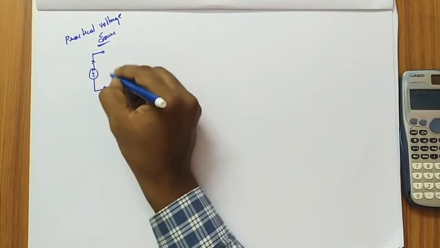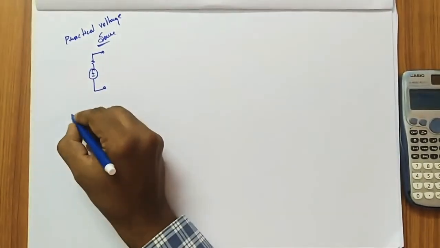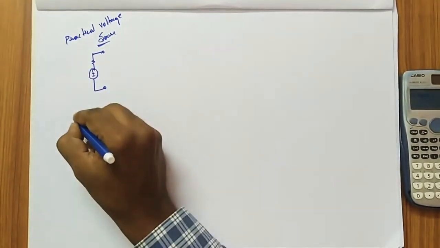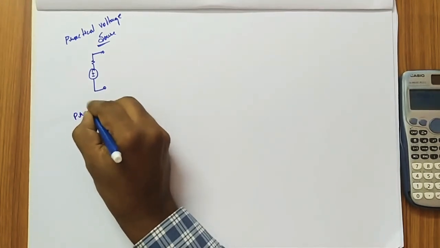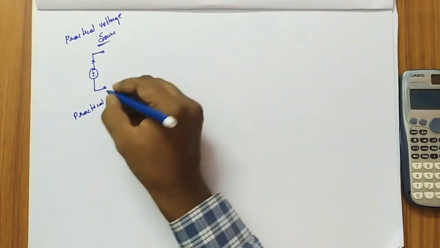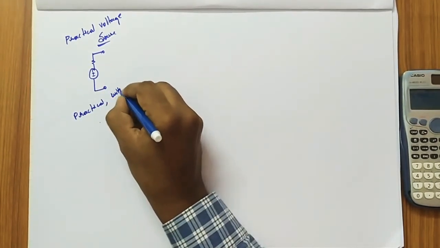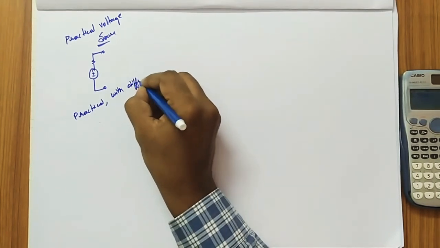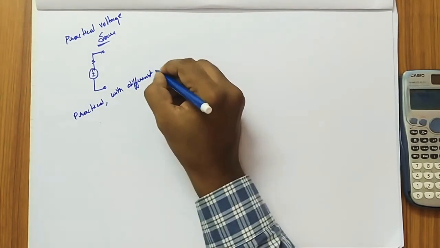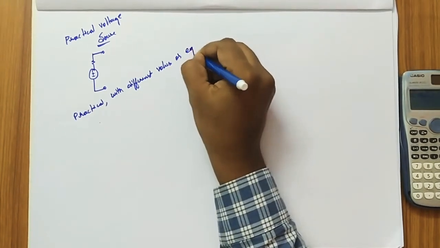Okay, so the point here is that practical voltage sources, whether in series or parallel, can be connected with different values or equal values.